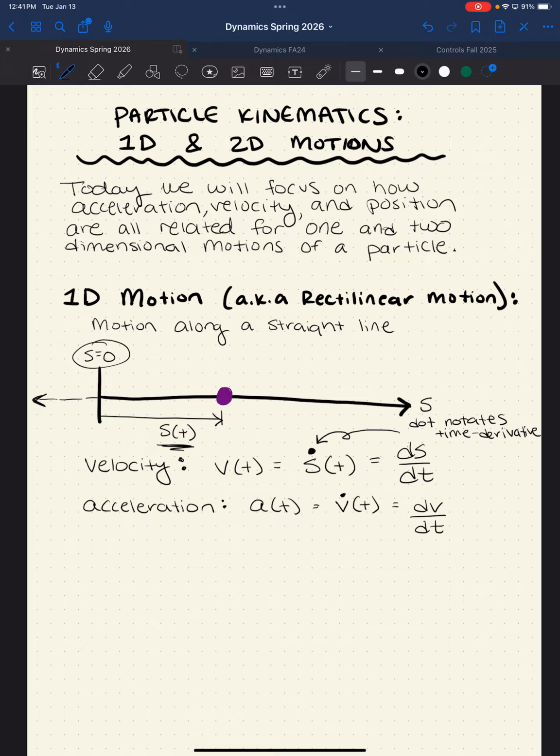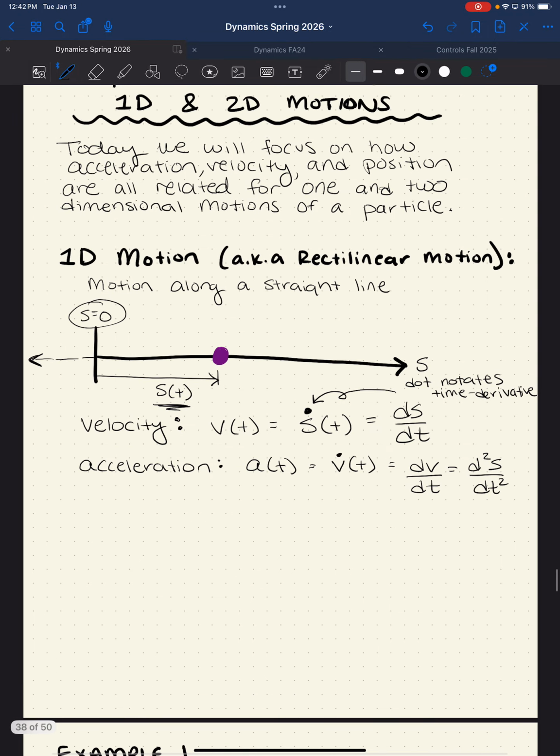So dv dt is equal to d squared s dt squared.